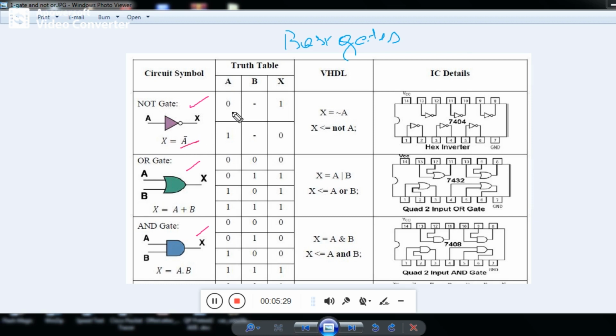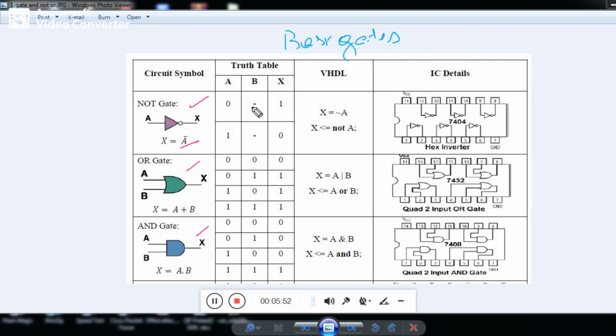So we know what a truth table is. A truth table represents the Boolean function of a logic gate, that is, it represents the output of a logic gate for all possible combinations of inputs.